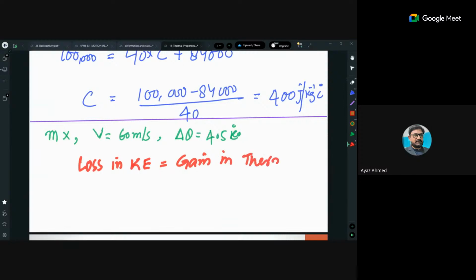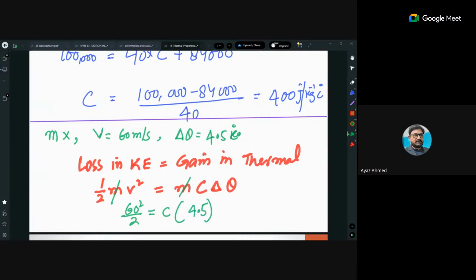Loss in kinetic energy is 1 by 2 mv square, and gain in thermal energy is m c delta theta. So m and m are gone from here. And 60 square divided by 2 is equal to c into the change in temperature, 4.5. So just calculate it for me, please.